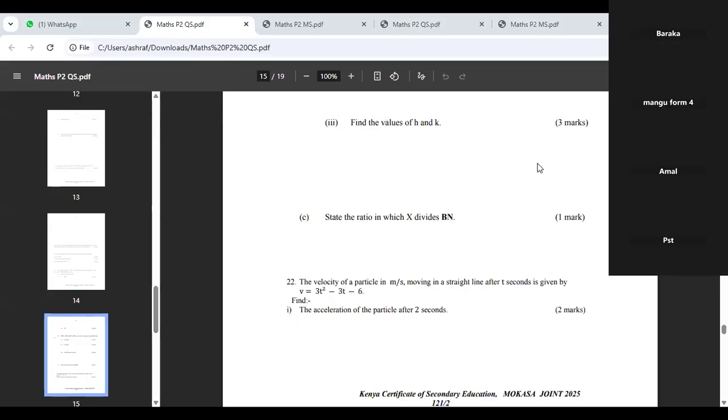So that's how you answer that question. The last part, your statement, that is the answer. So the statement has to be there. First, form 2 vectors. Second, show that they are parallel. Third, write that statement. I hope that answers your question.